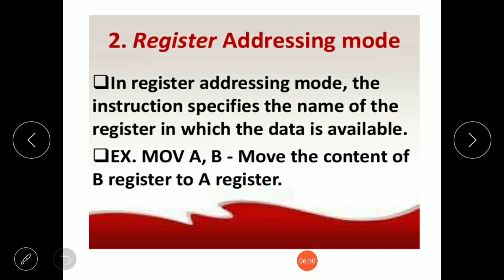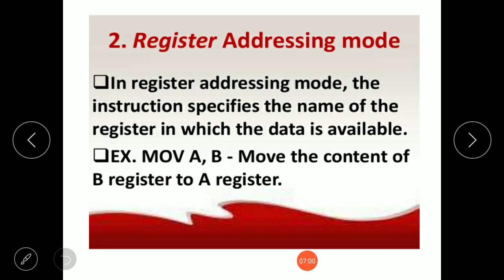So if you want faster execution of a program, then register addressing mode is considered the best mode, as the microprocessor does not have to access the memory for the operand. The operand is stored in the microprocessor for this type of addressing mode.